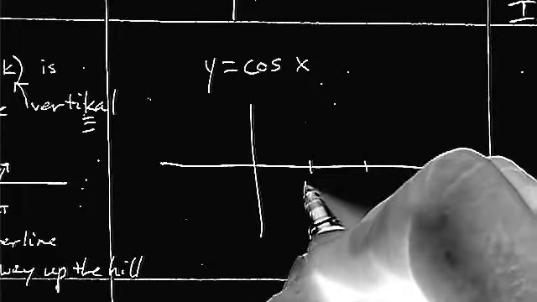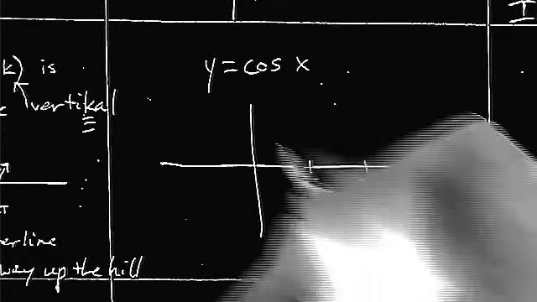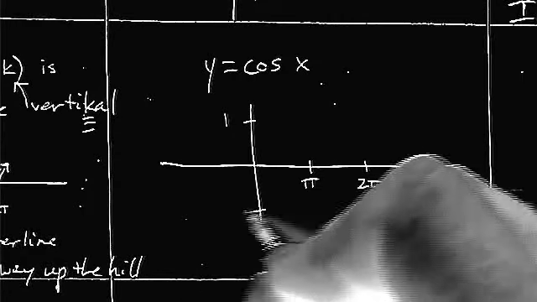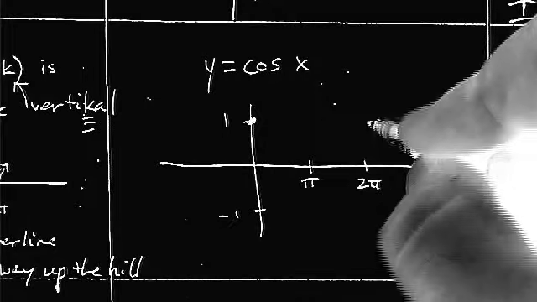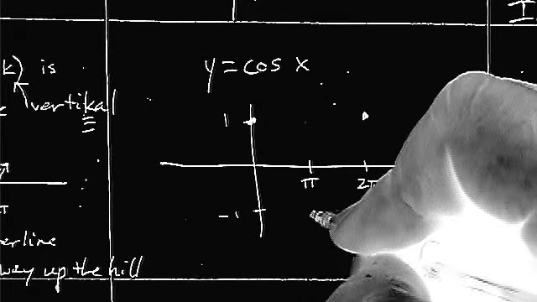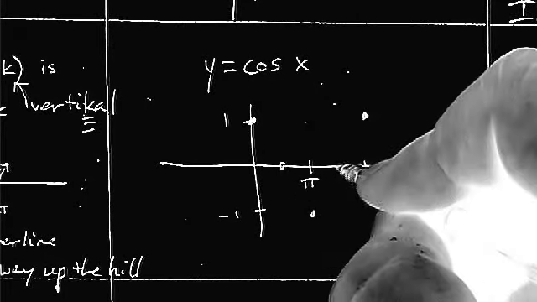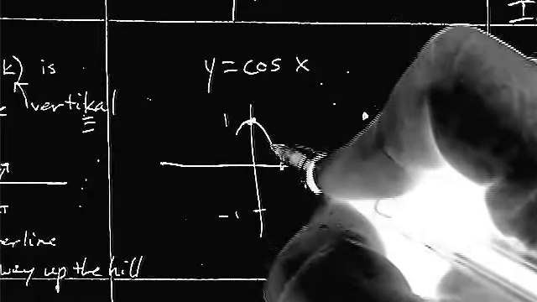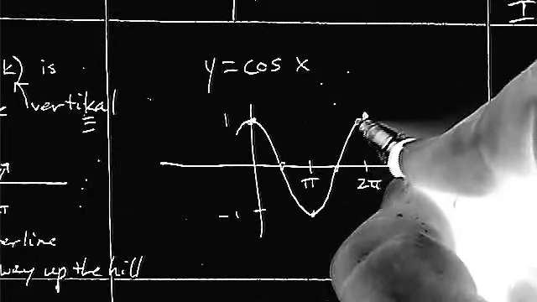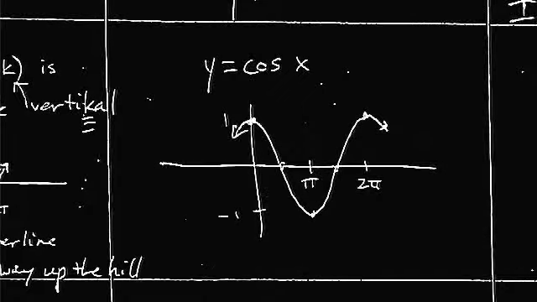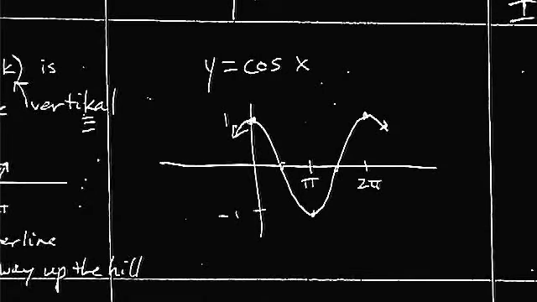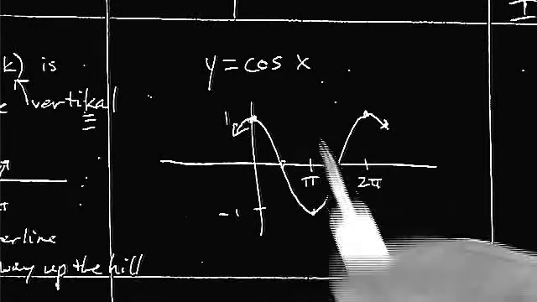So what happens on a regular cosine wave? Where does HK sit on a regular cosine function? Well, sorry, it looks like it's a little bit above 1.